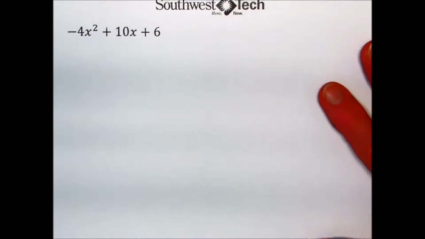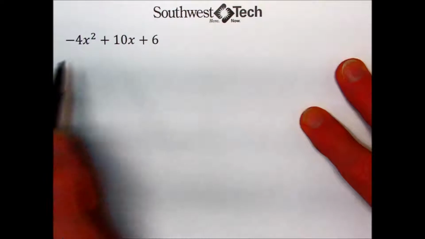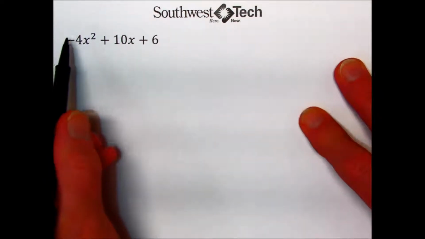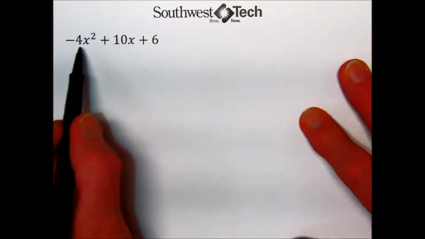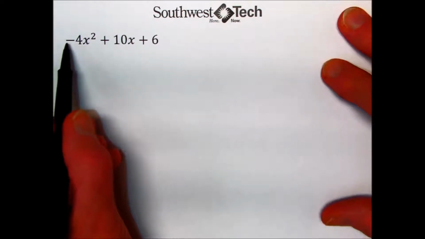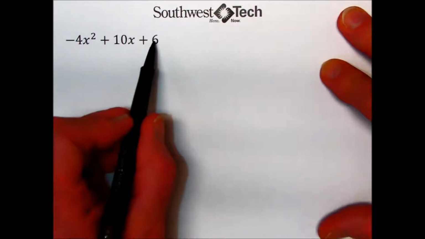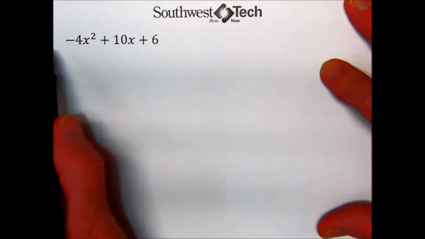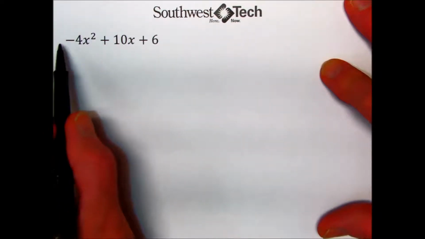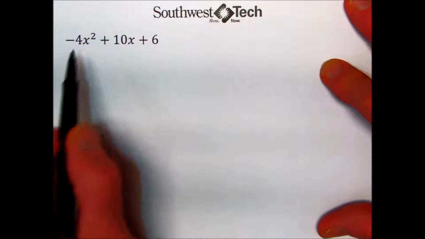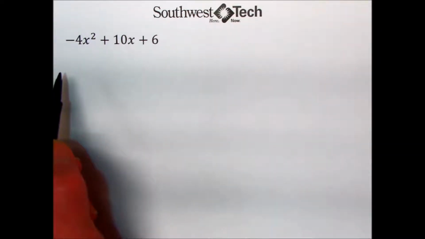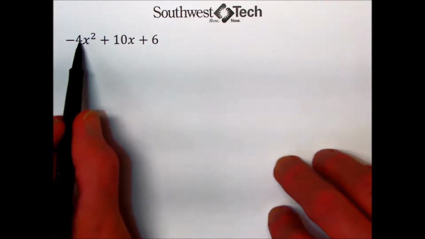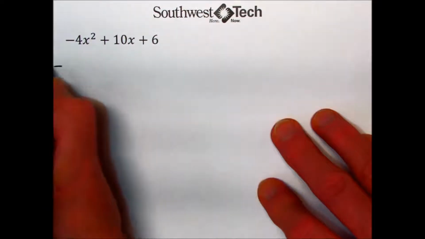One more problem I want to look at. Looking for a greatest common factor first, and a little pause, it's got a negative out here. It's much easier if you don't have to deal with the negative. So while we're pulling off the greatest common factor, and even if it was just 1, I still would suggest factoring out the negative 1 so you're not dealing with a negative coefficient on your leading term.